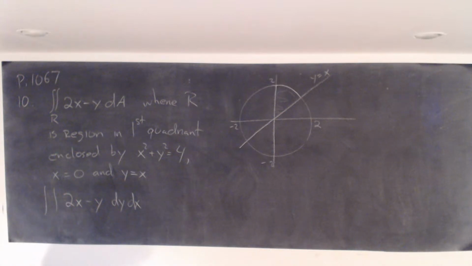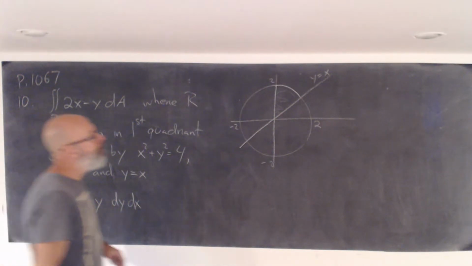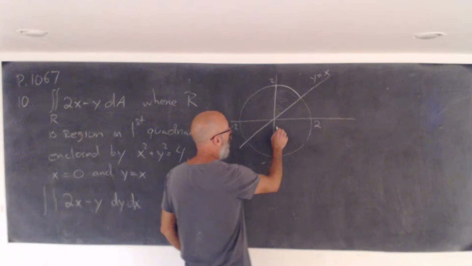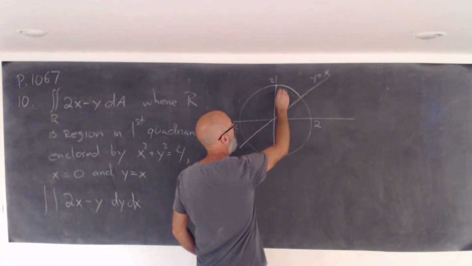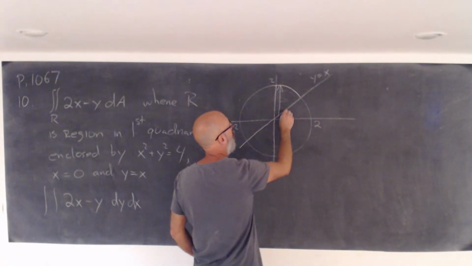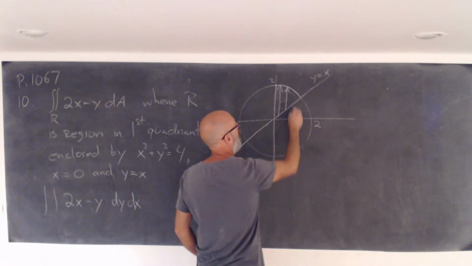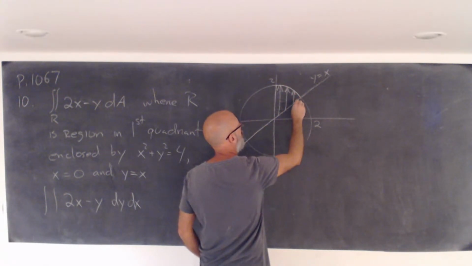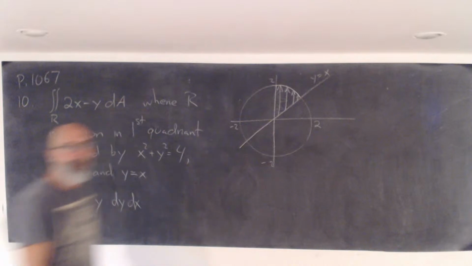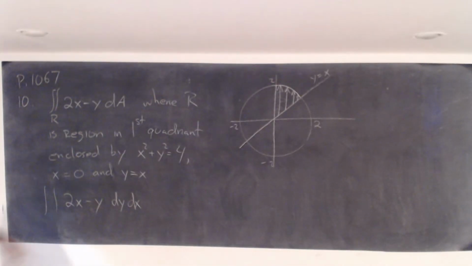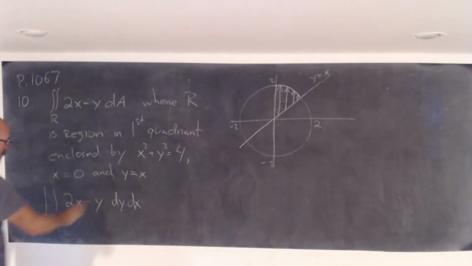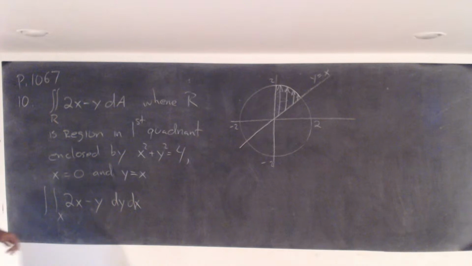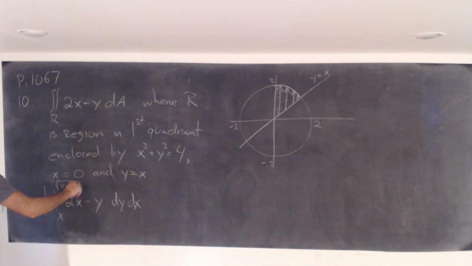How does y vary? This is the region. y goes from the straight line, y equals x, to the circle, y equals square root of 4 minus x squared.